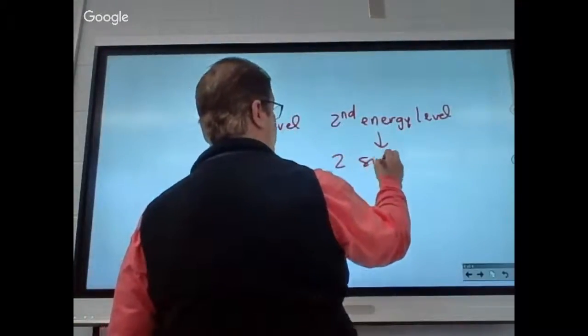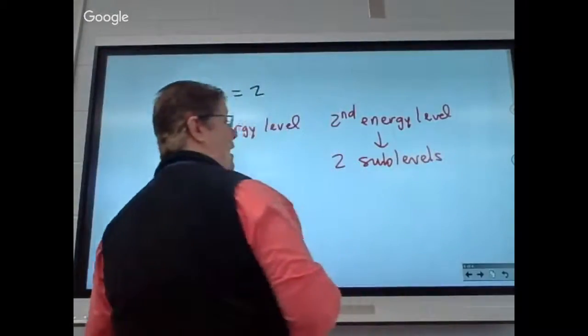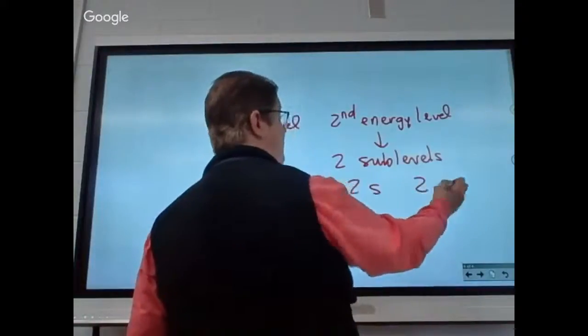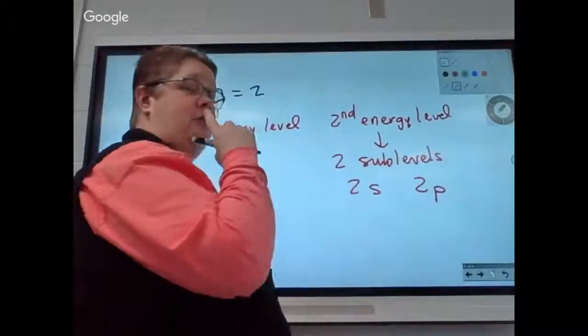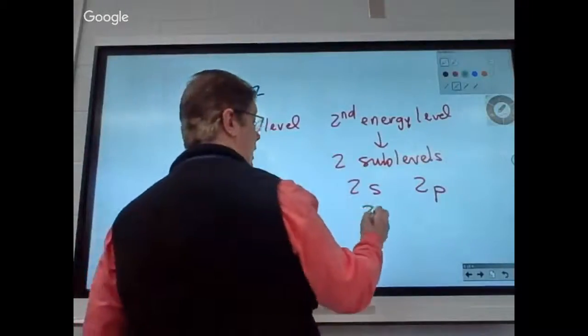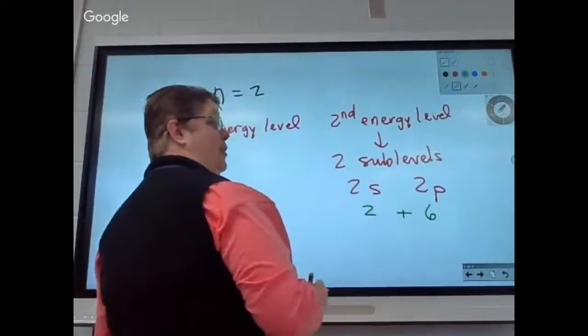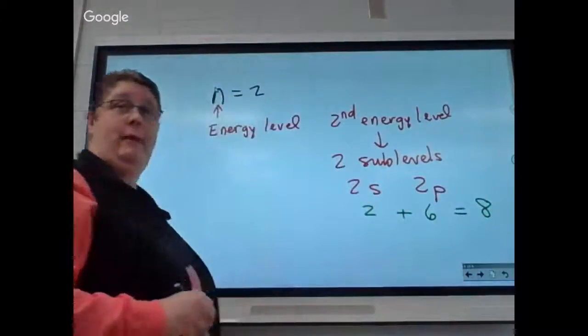There are 2 sublevels inside of that. What are their names? 2s and 2p. How many electrons are there in 2s and 2p? 2 and 6. So add those together to get your electrons, which is how you get 8.